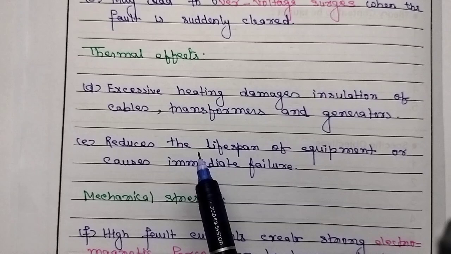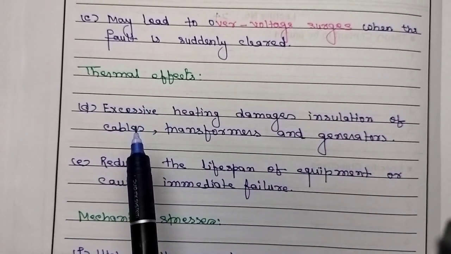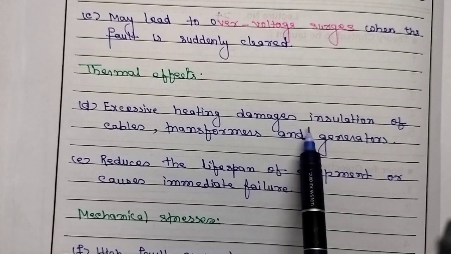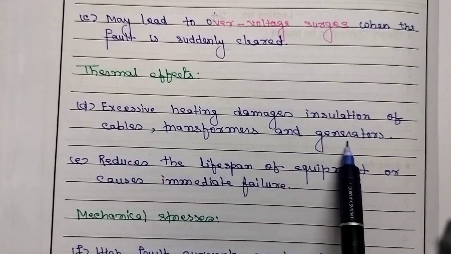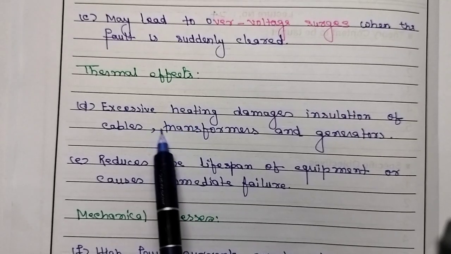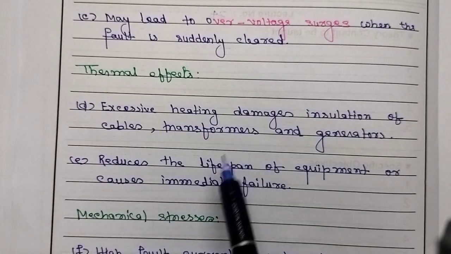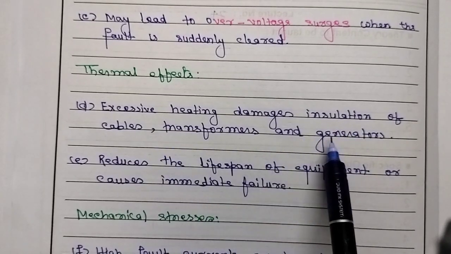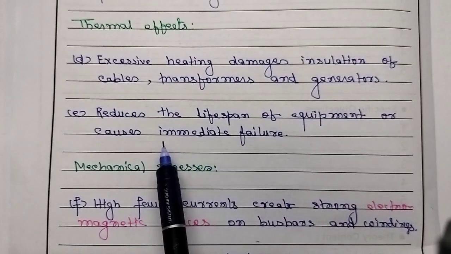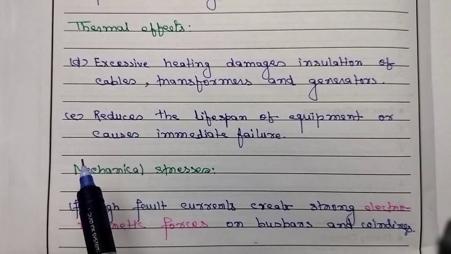Next, we have the thermal effects. Thermal relates to heat, so excessive heating damages the insulation of the cables, transformers, and generators. Whenever a fault occurs in the system, excessive heat is produced, which can damage the insulation. Next, whenever thermal effects happen, corrosion can happen.